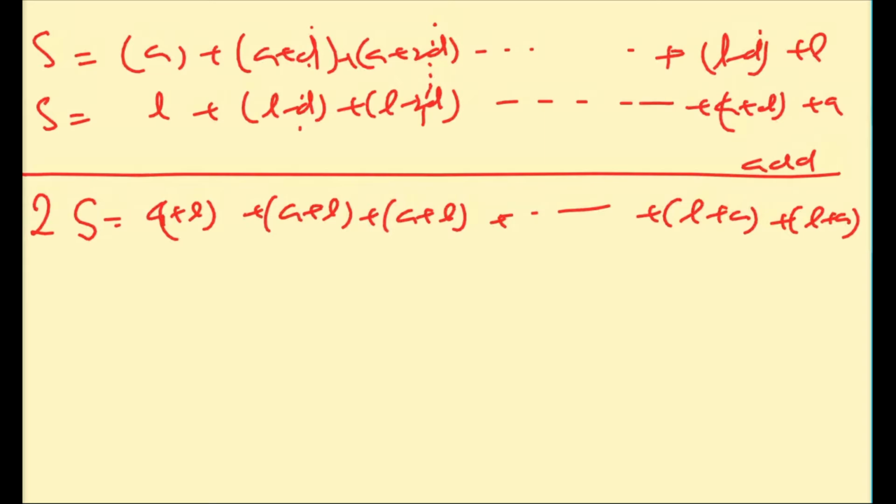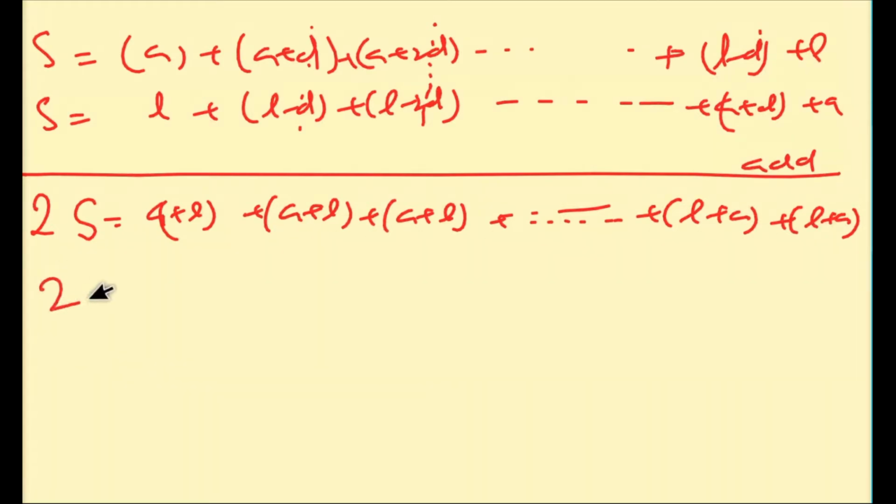If we are adding 2 plus 2 plus 2, 100 times, how can we write it? 100 into 2, isn't it? So similarly, if we say A plus L, A plus L, A plus L, N times, there are so many terms in between. Total terms are N terms. Don't count 1, 2, 3, 4, 5. It is dotted. L is the Tn term, so we are using N terms.